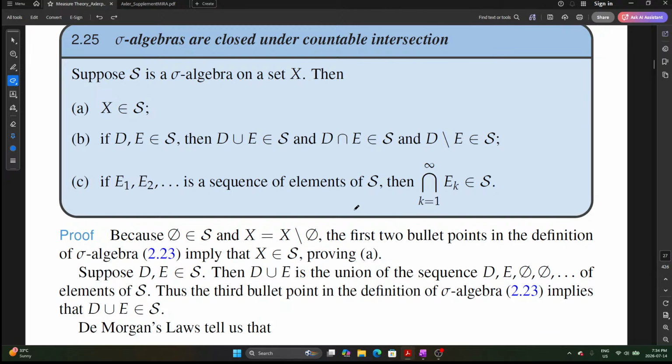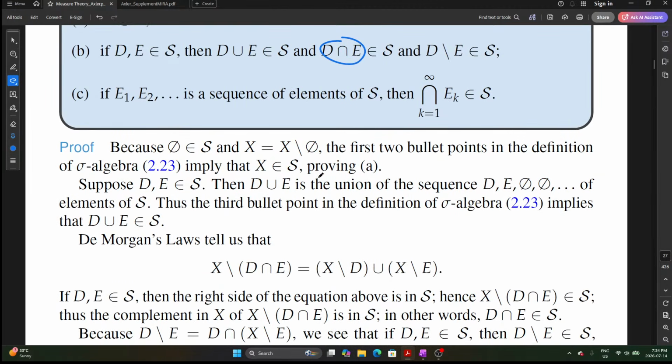And what if you want intersection instead? Well, there's a nice interplay between union and intersection due to De Morgan's law. De Morgan's law says the complement of the intersection is the union of the complements.